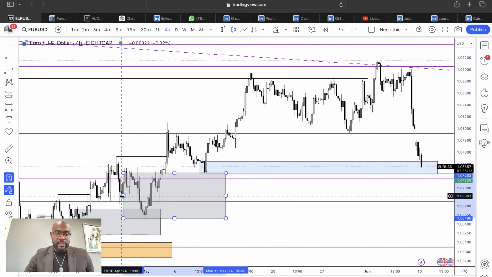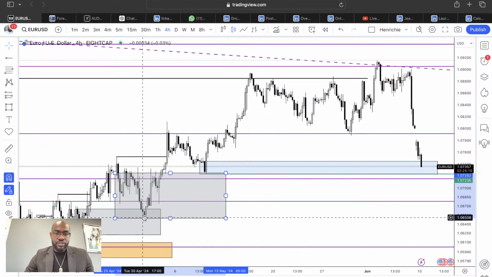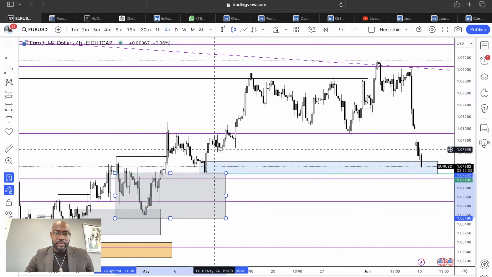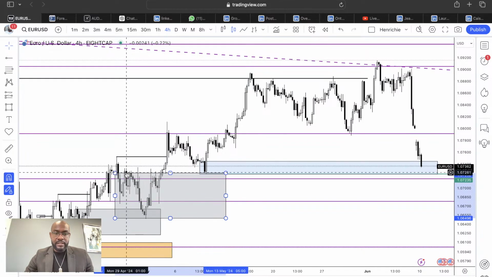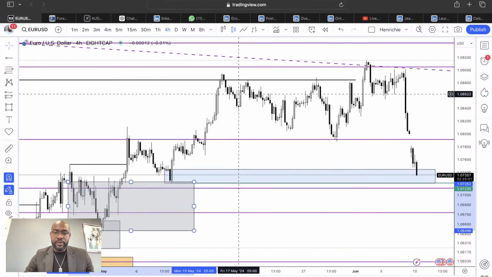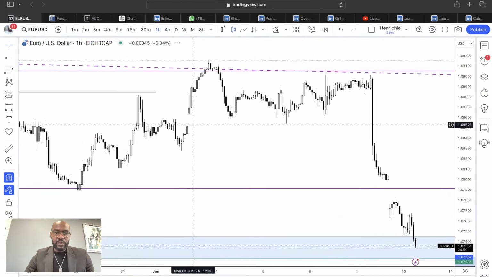So as you can see right here, last push, expansion, break structure, retest right there, expansion to break the overall high.